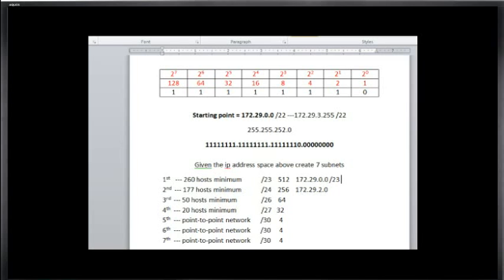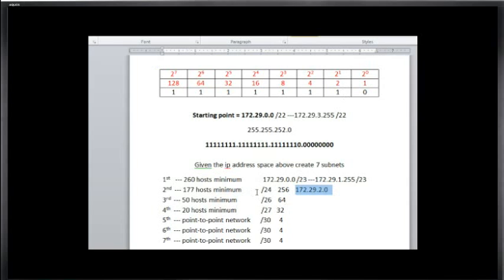So this one will go to 172.29.1.255, and that is the broadcast address. So there we have it. The next network is 2, because the networks go up by 2 because the magic number is 2. So our next network will start here.